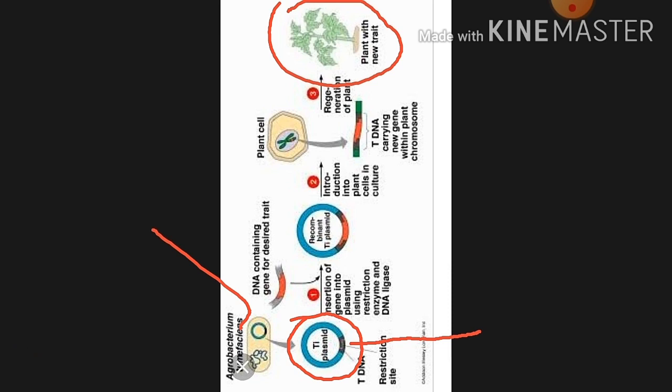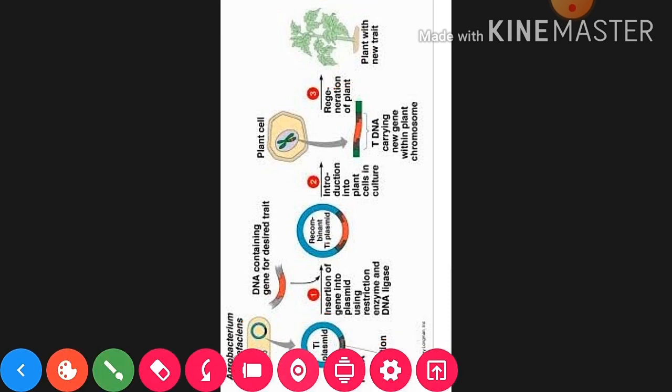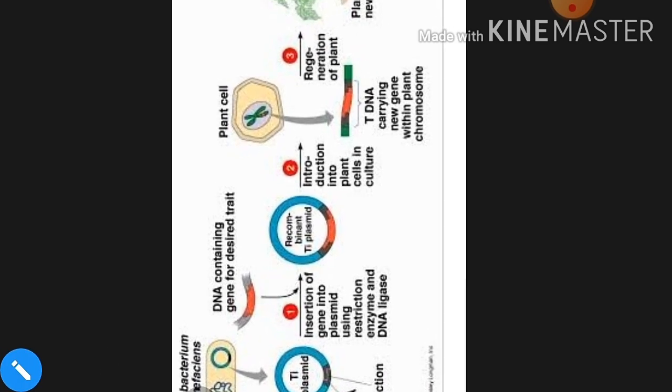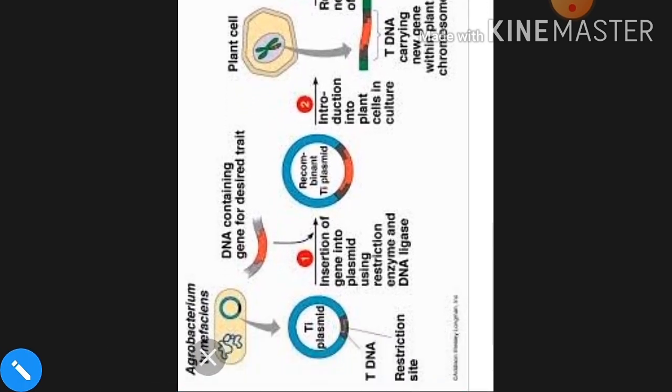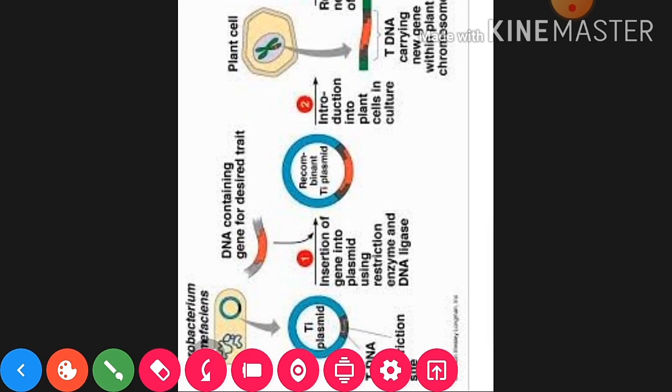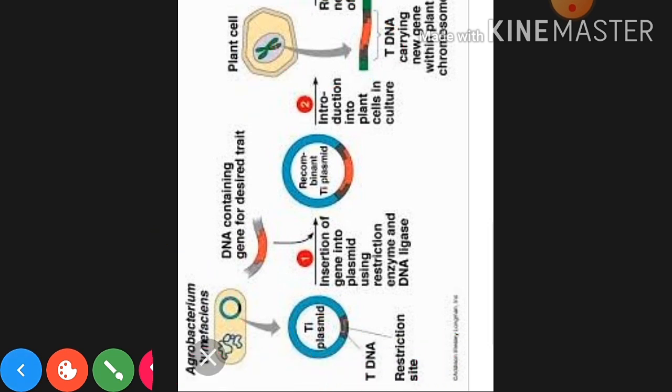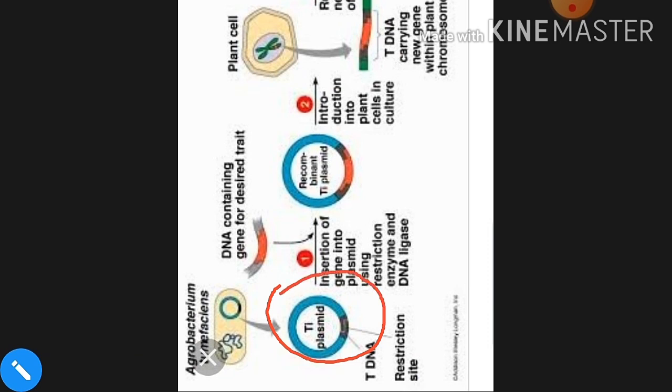Okay, you can see here also like this. Clear? This is the TI plasmid that is obtained from the bacterium Agrobacterium tumefaciens. So now with the help of this TI plasmid we will have to transfer the desired DNA.